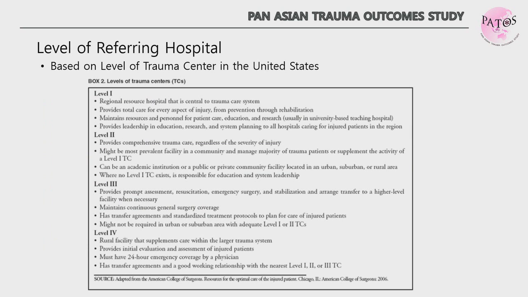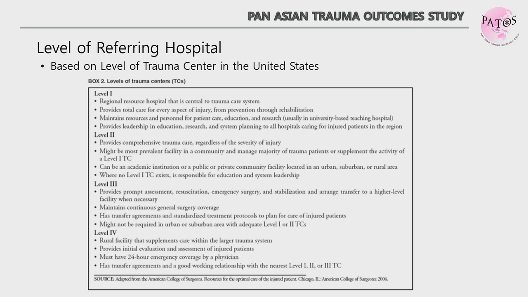We're now going to go over the level of referring hospital, where patients were initially presented before inter-hospital transfer. For trauma care systems, it is important to categorize hospitals based on their trauma care practice level and regionalize them. This table you see on the slide is the level of trauma centers in the United States.